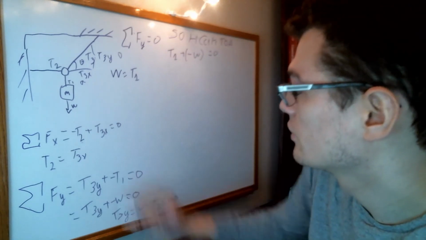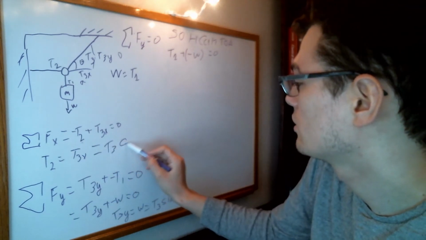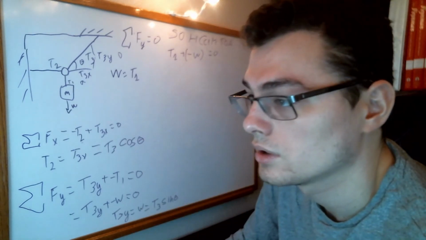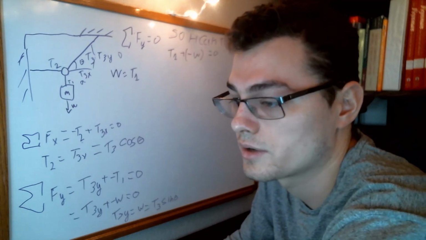And then over here, T2 is going to be equal to T3 cosine theta. And so we've here now solved this algebraically.